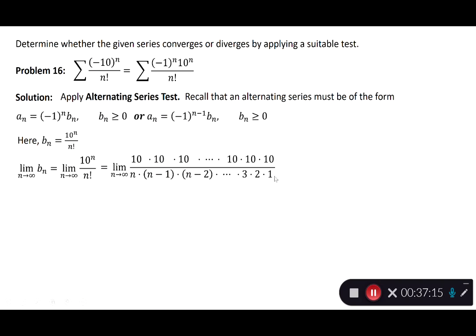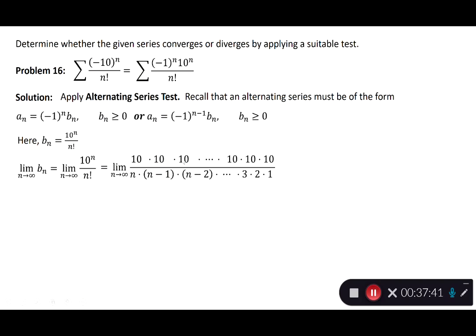And if we start to compare, the top wins out with the very last one. 10 is bigger than 1, the top term is bigger. 10 is bigger than 2, top wins out. 10 bigger than 3. But that is true only until we get up to 10 in comparison with 10 in the bottom.